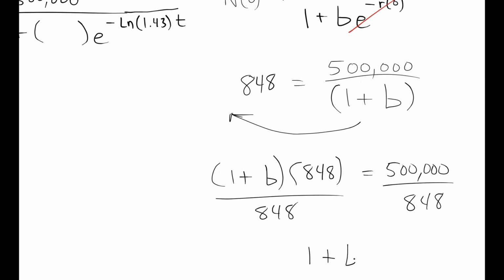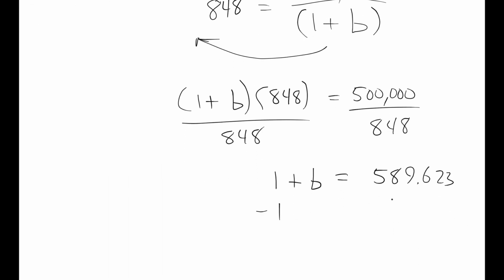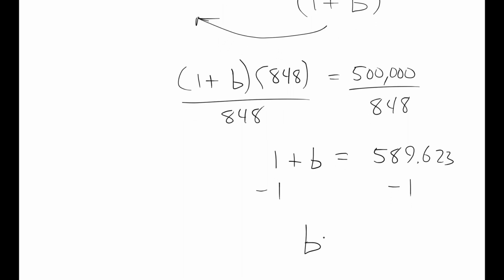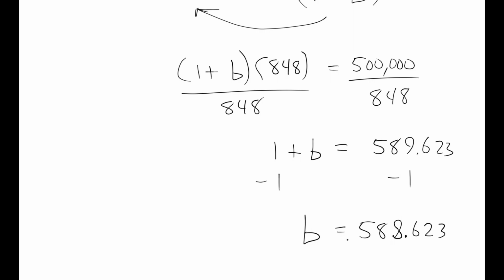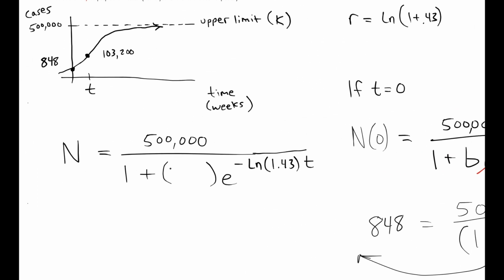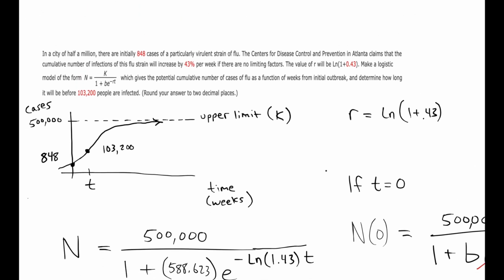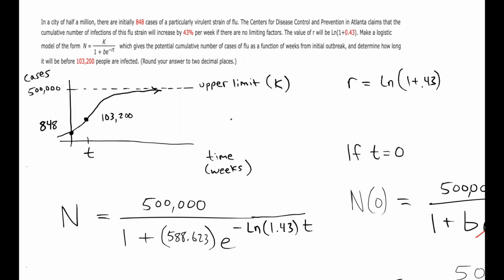I get 1 plus b equals 589.623. Subtract 1. So 588.623 is b. So now we can plug that in. And that should do it. That should be the model that we want.